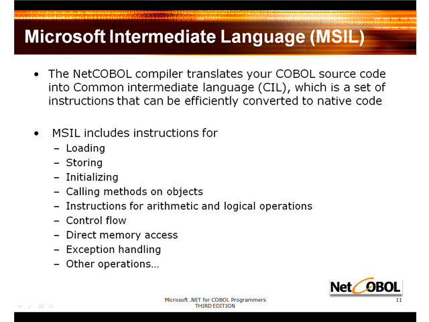Now, MSIL includes all of the necessary instructions for loading, storing, initializing, calling methods, and all of the other instructions necessary for arithmetic, logical operations, control flow, direct memory access, and other operations. Now, before MSIL can be run, it must be converted to CPU-specific code, usually by a just-in-time or JIT compiler.